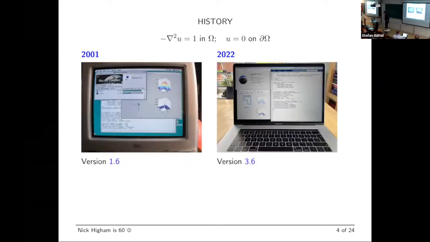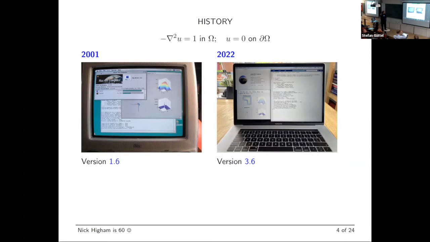Okay, so I'm going to do the opposite of what Jack did by looking to today. I like the idea of looking backwards and the idea of reproducible software. So this is a picture of IFISS in 2001 running on my computer at the time, which, some of you might recognize, is the original iMac Bondi Blue, the machine that saved Apple computers.